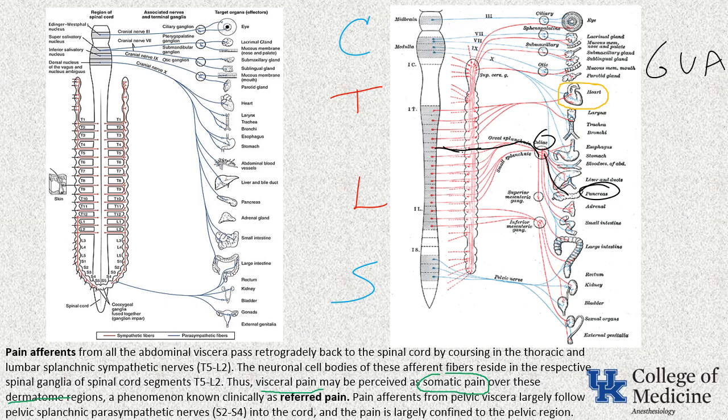And this is a phenomenon known as visceral somatic convergence or visceral referred pain, where the fibers enter in a certain area in the spinal cord. In this example, upper thoracic, which may be felt in a dermatome, myotome, or osteotome in the left arm.